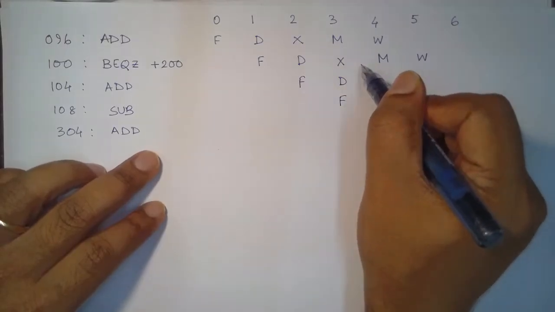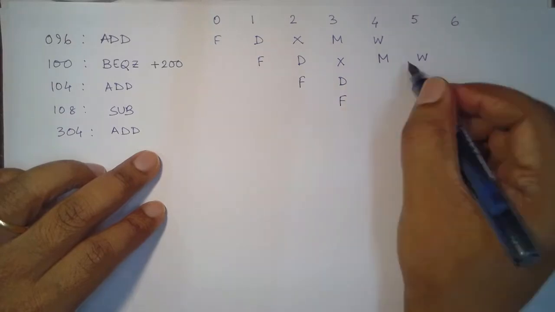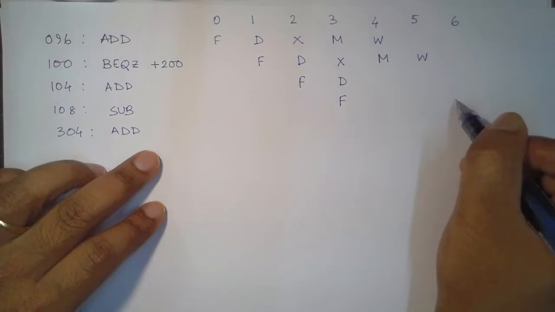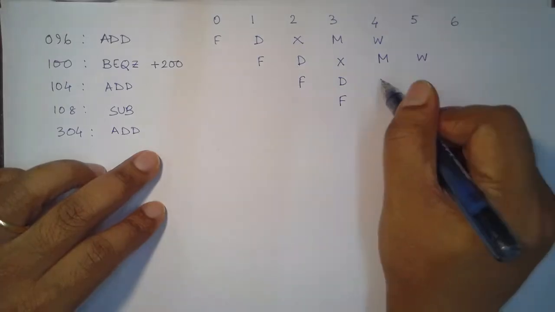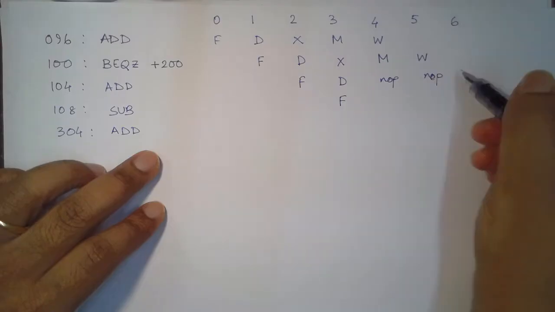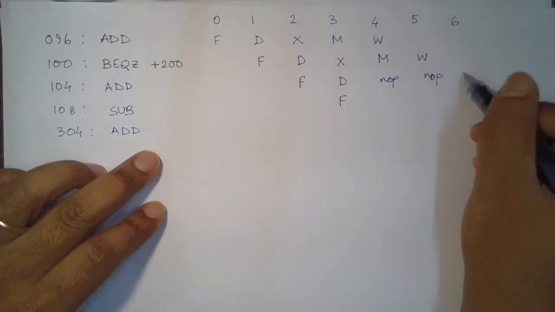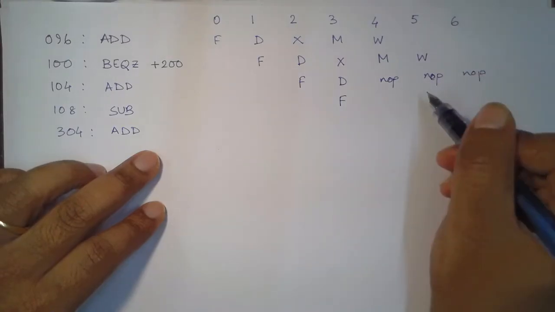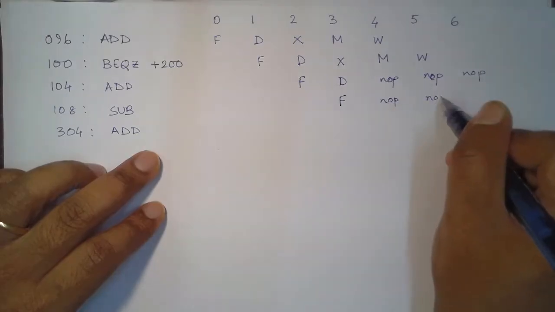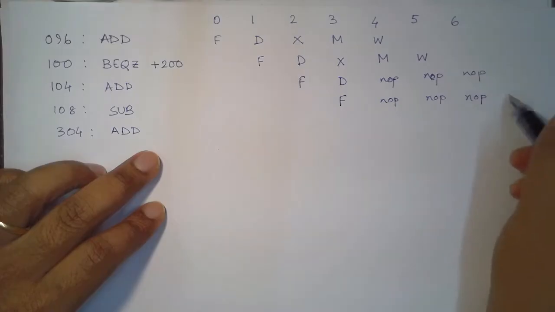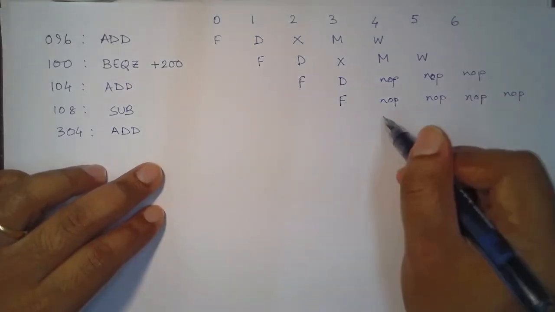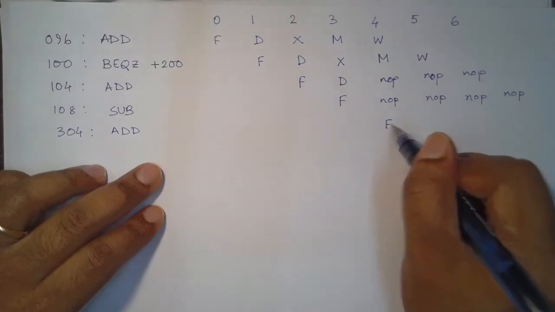If the branch is taken, then you have to kill this instruction and this instruction. So you have to replace it with a no-op, and similarly this also has to be replaced with a no-op, right? So the next instruction will be fetched from this location 304.